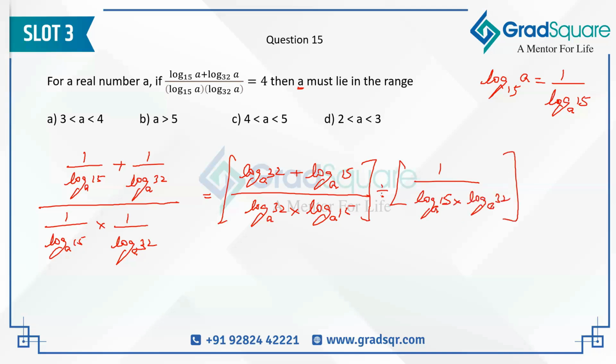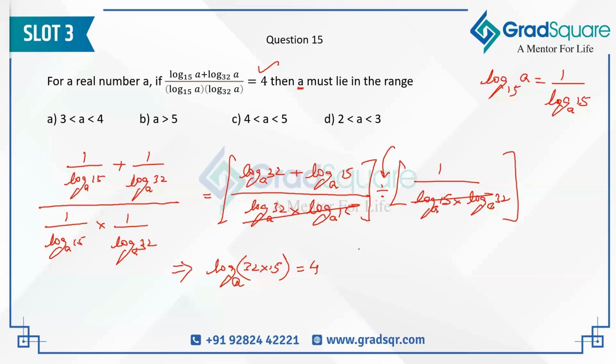You will realize this division will change into multiplication. This will go in the numerator, so you can cancel these two values. What we are left with is log of base a 32 plus log of base a 15, which can be written as log of base a 32 multiplied by 15. That turns out to be equal to 4, given in the question itself, correct?